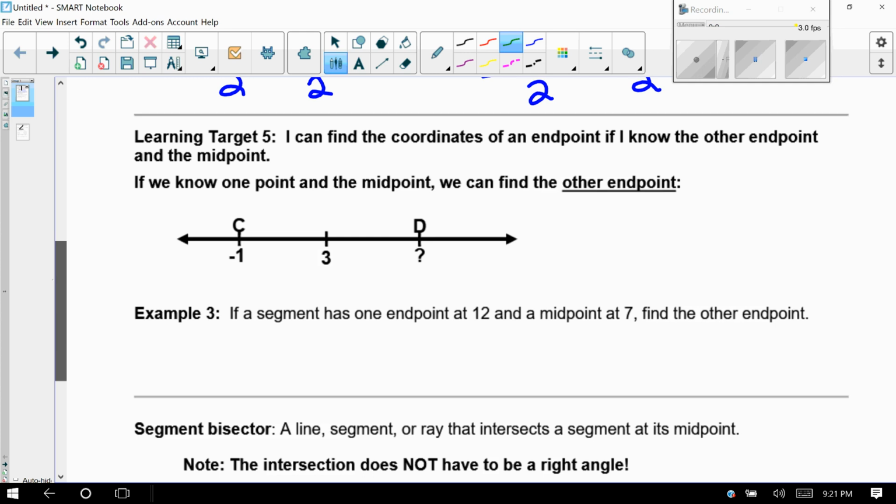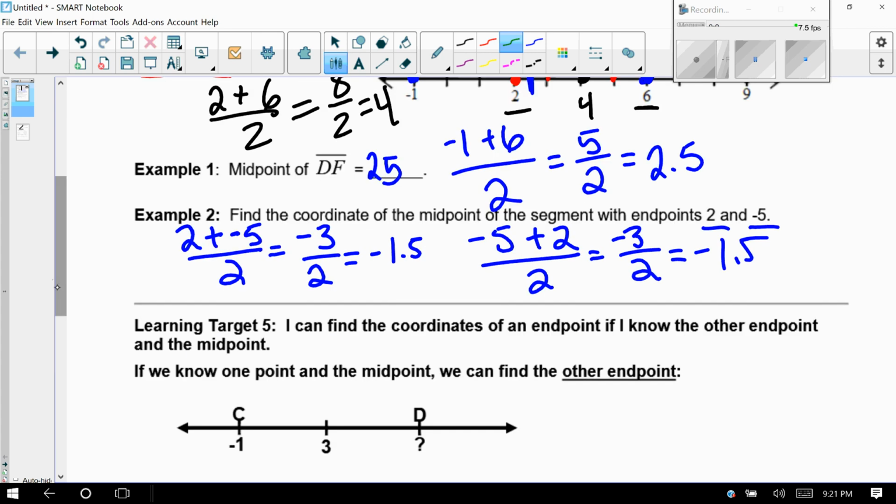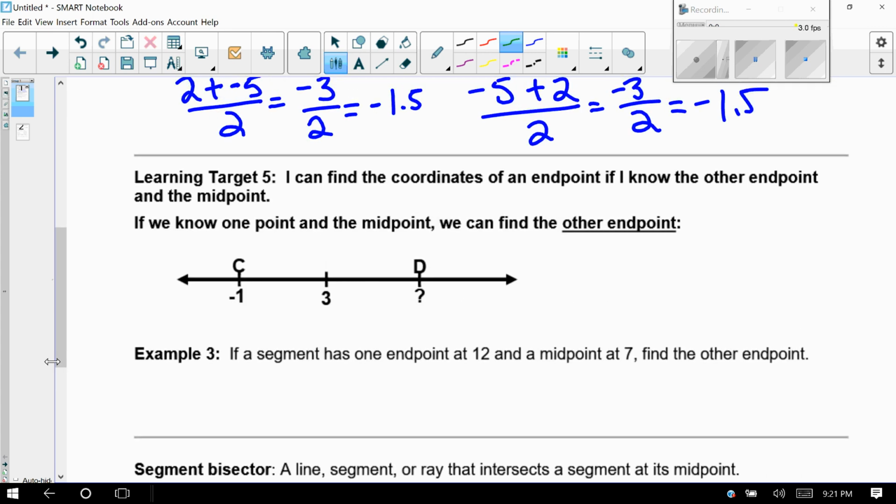Target number 5 is, I can find the coordinates of an endpoint, okay, given an endpoint and a midpoint. So this is a little bit different. I don't think any of you have seen this before, unless you've already taken geometry. It says if we know one endpoint, okay, one endpoint, and the midpoint, we can find the other endpoint.